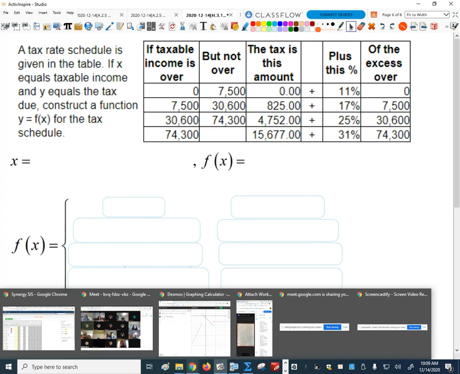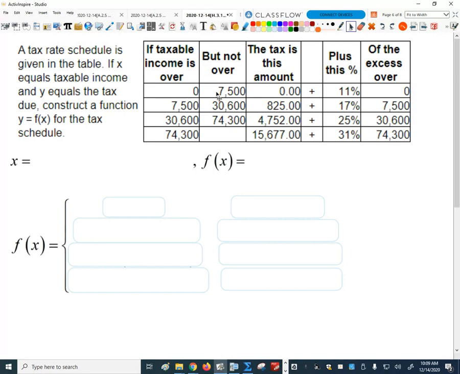But you only pay that tax on the amount over a certain amount. So for example, for the first $7,500 of your income, you are just paying straight 11% tax.